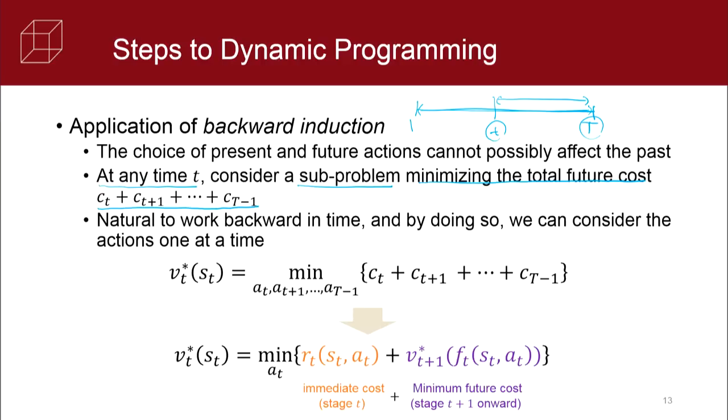If you consider this structure, it is natural to walk backward in time. In other words, you try to find the best actions to minimize the total cost over this time period, right? So that is the optimization problem: to find a_{t+1} up to a_{T-1} to minimize the total future cost over this time period.